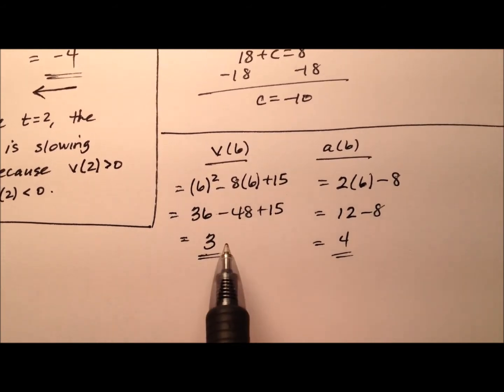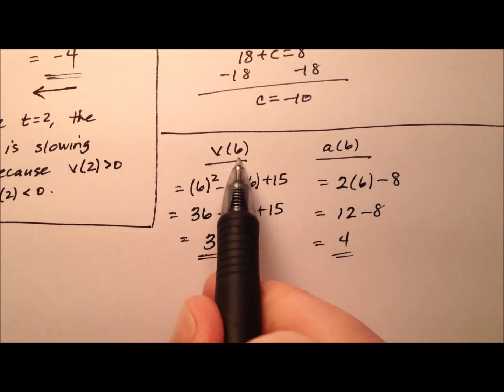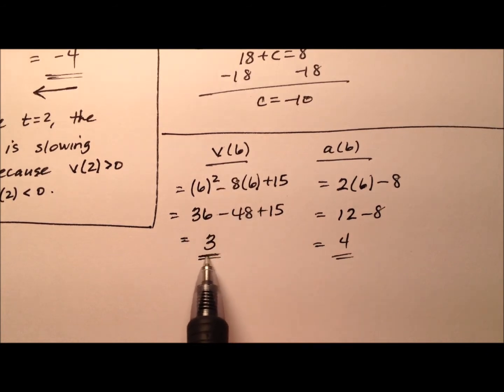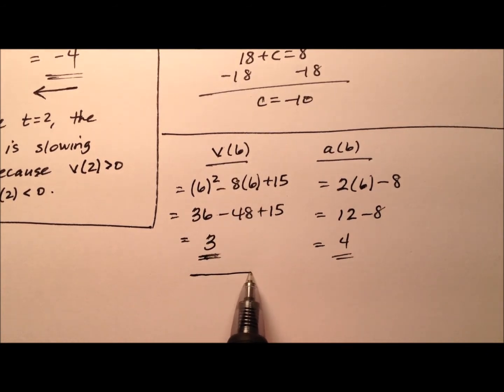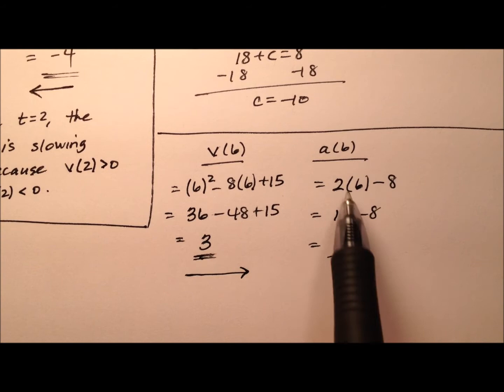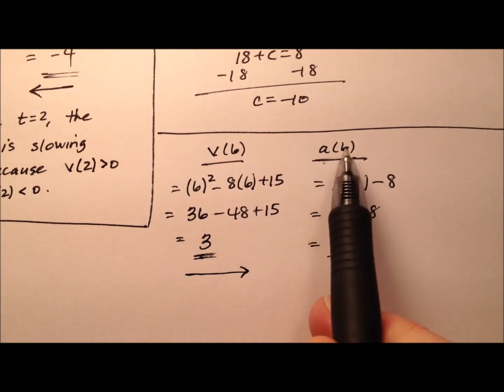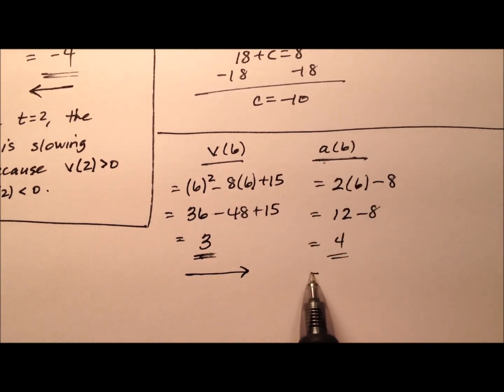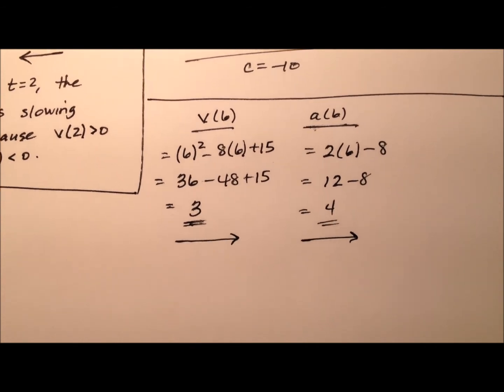Okay. So here we see at time t equals 6, the velocity is positive, so he is moving to the right. Also, the acceleration at time t equals 6 is positive, so he's being pushed to the right.